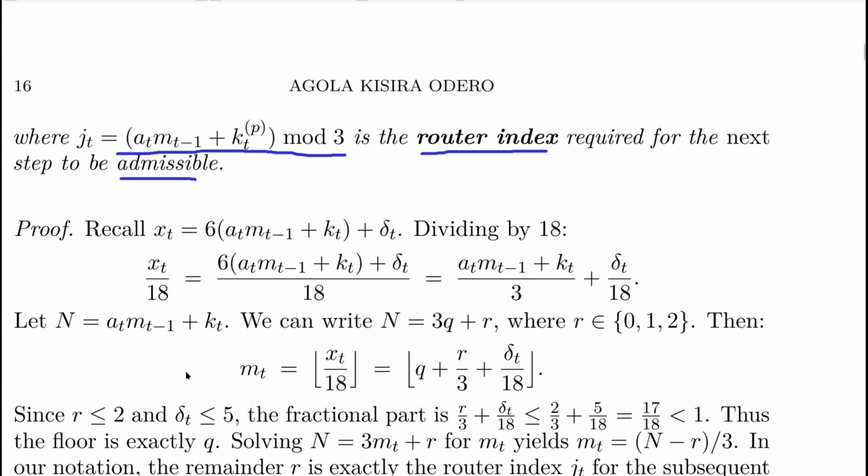So let's prove this. Recall that xt is equal to 6 times (at mt minus 1 plus kt) plus delta t. So this is the whole definition of xt.